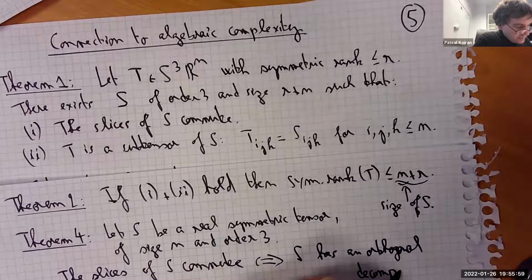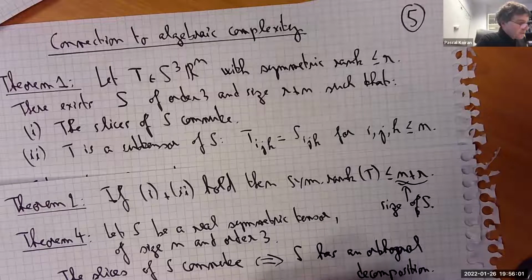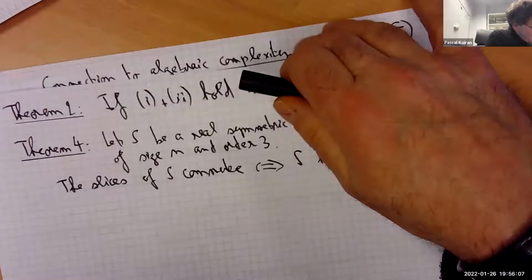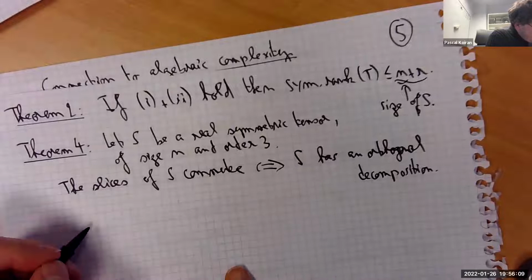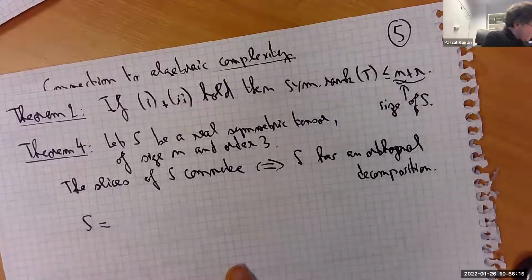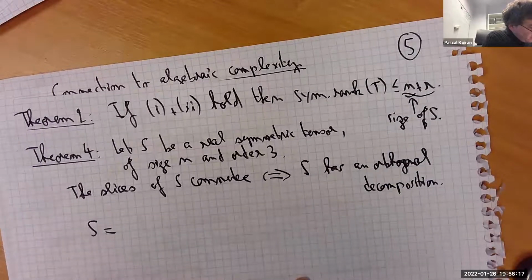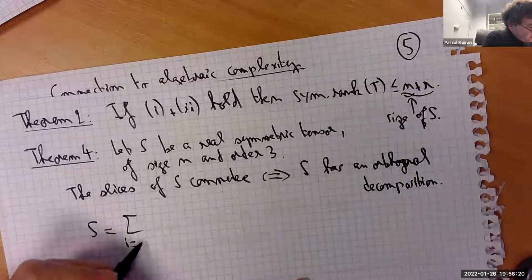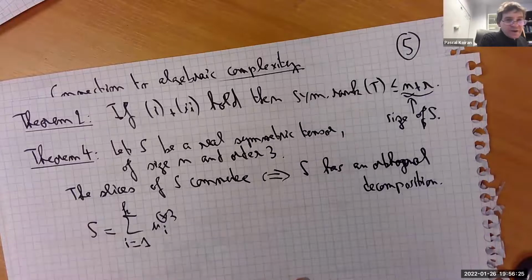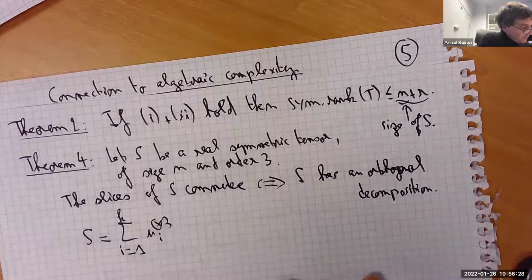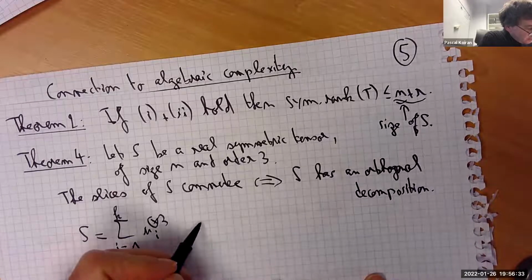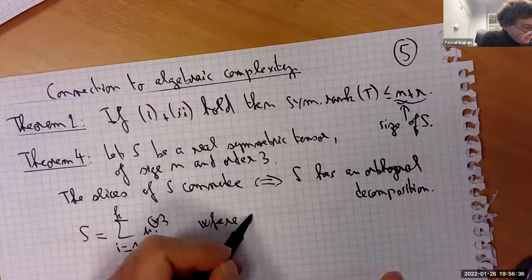So what does that mean? What is an orthogonal decomposition? Well, again, it's a decomposition as a sum of tensor cubes. So this means that you can decompose like this: you have a sum of u_i tensor cube, where now these vectors u_i are required to be pairwise orthogonal.